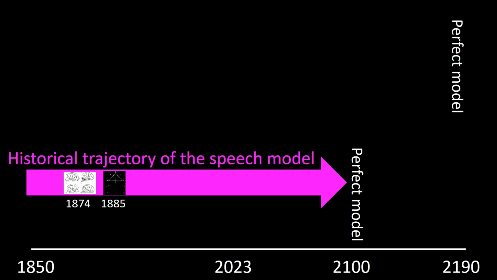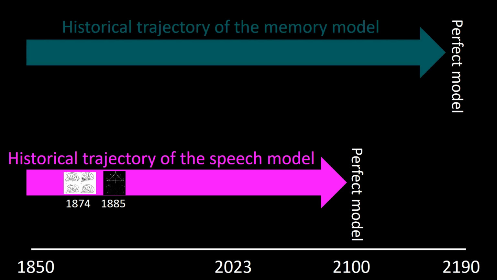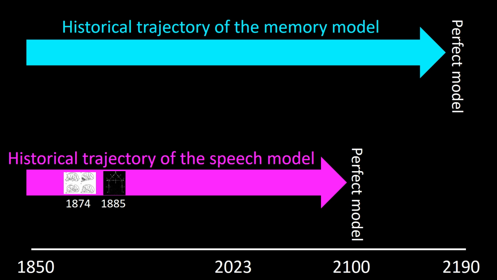Now, again, using our ability to predict the future, I will say that in the year 2190, we will build the perfect memory model. The arrow I have just added indicates the historical trajectory of the memory model, just as the one below did for the speech model. But this time I have introduced our current memory model.